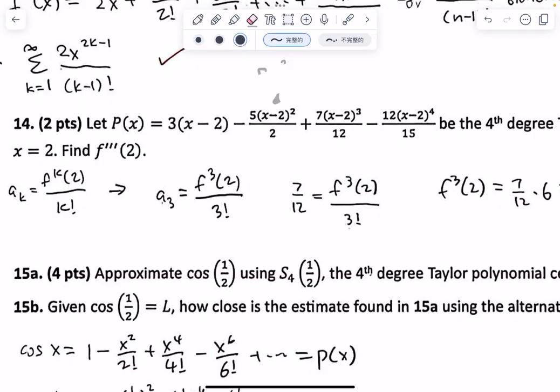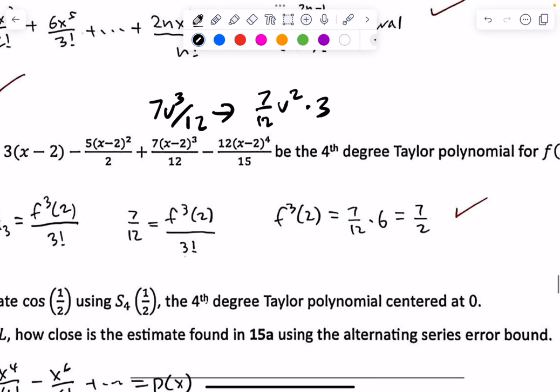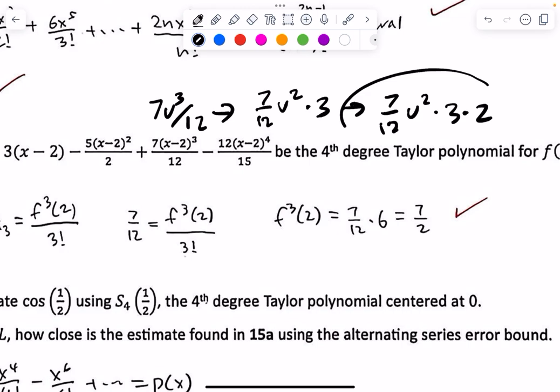Third derivative, right? We have 7u cubed over 12. Derivative once, that becomes 7 over 12 u squared times 3. And then this becomes 7 over 12 u squared times 3 times 2. And this is where the factorial comes from, right?